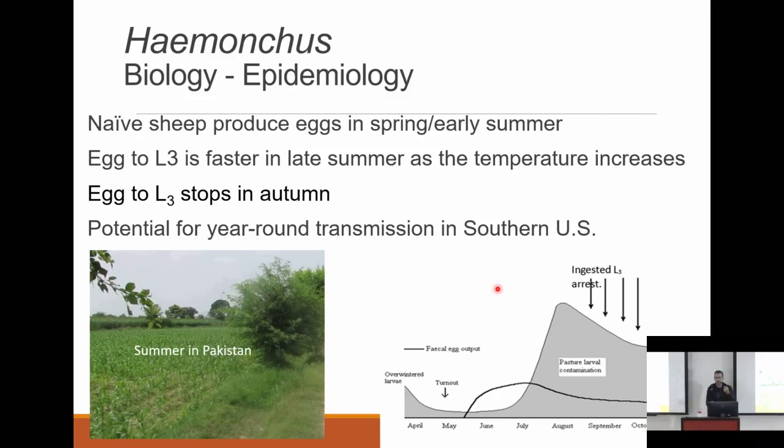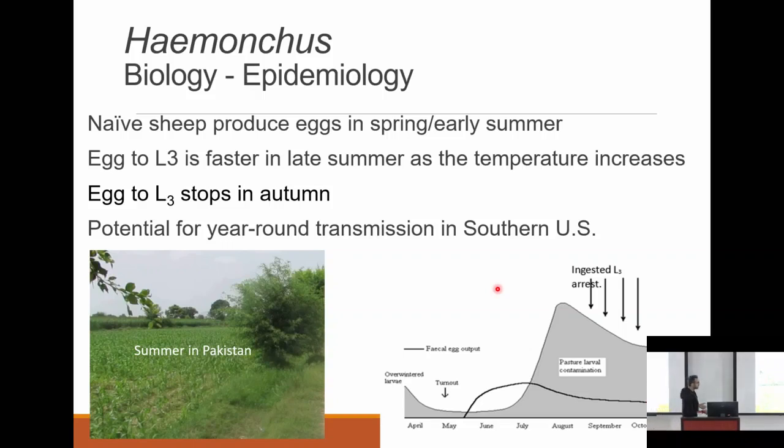So what's going to happen? Eggs are converted into L3 stage larvae, because they are in the environment in spring and early summer. And that goes much faster once they come into the environment in this type of pasture. Once the temperature increases, they will start converting into L3 stage larvae: first L1, L2, and then L3.